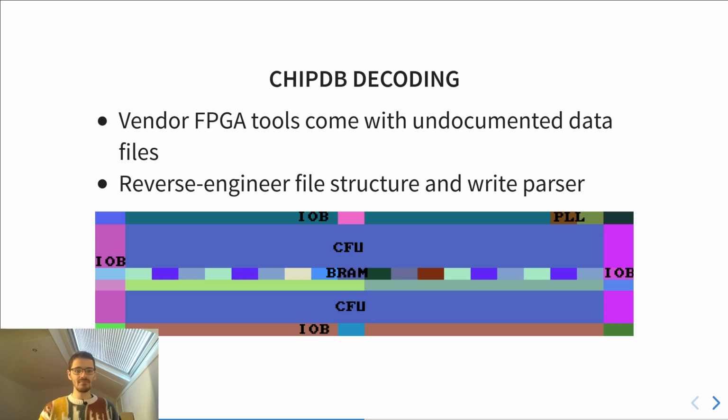And then you can do the same for the tile. Each of these blocks has all these bits in them, and there's a file that describes all the bits. Here I gave each different description a different color, so you can see which bit belongs to which.